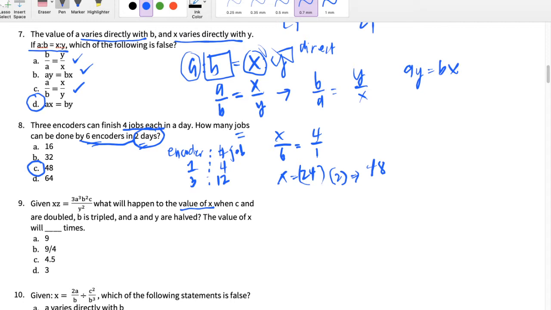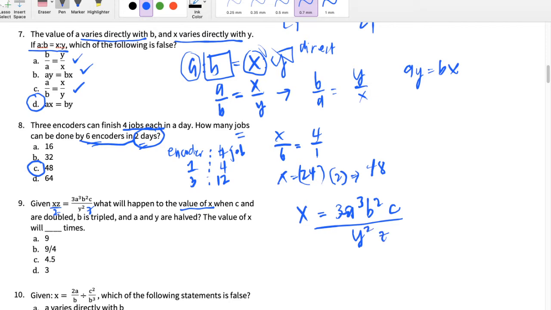The value of x will be blank times. Okay, so ilipat muna natin yung z sa kabilang side. If we divide this one by z, both sides, we will get x is equal to 3a cubed b squared c over y squared z.